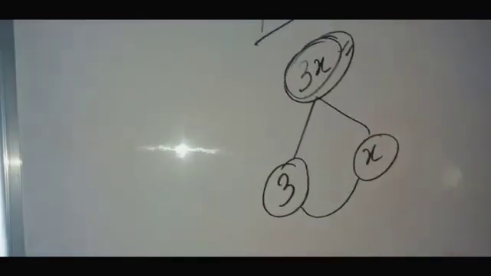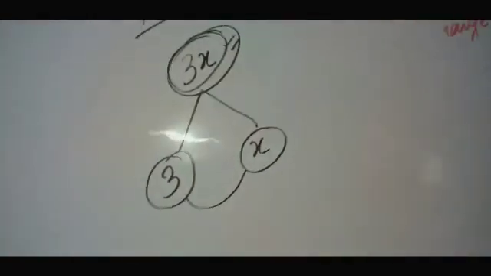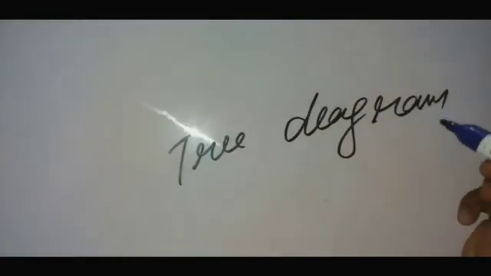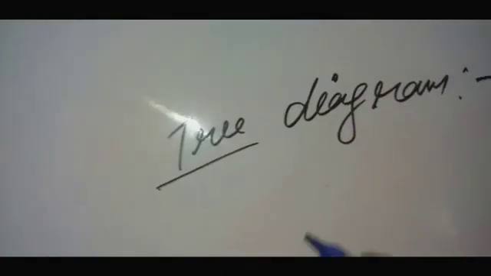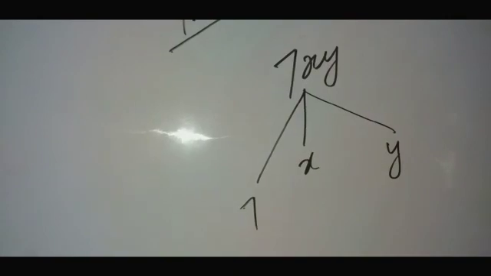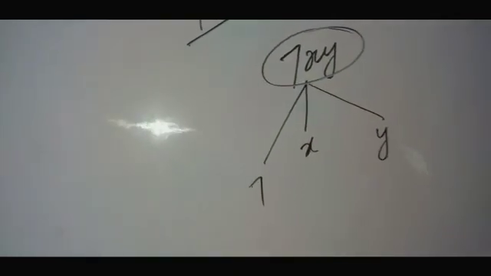Our next topic is tree diagram. What do you mean by tree diagram, students? Represent 7xy as a tree diagram. In 7xy it has 3 branches: 7, x and y. This is known as tree diagram of an algebraic expression.